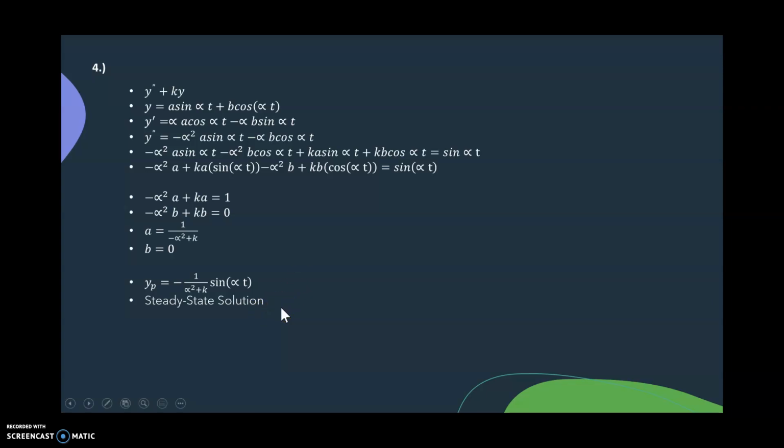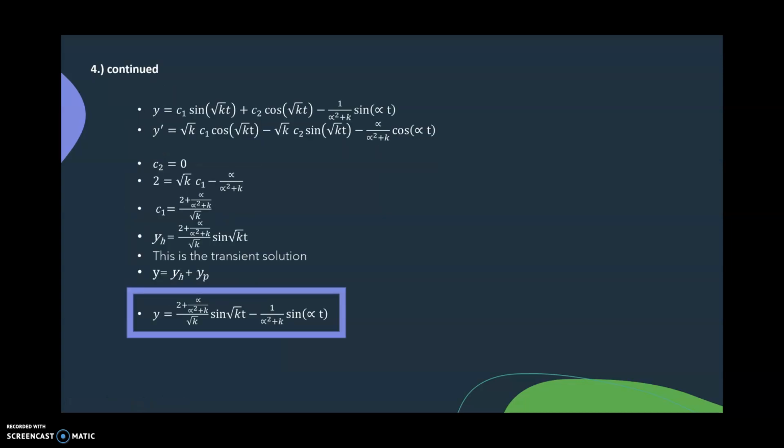Now we have to find the transient solution, and for that we'll be using y equals c1 times sine of the square root of k times t plus c2 times cosine of the square root of k times t, minus the particular solution, which is 1 divided by alpha squared plus k times sine alpha t.